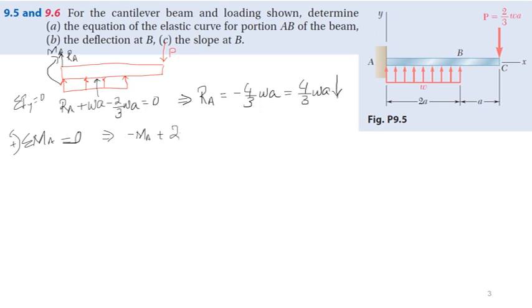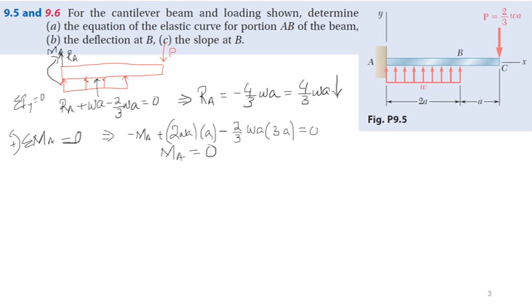The force becomes 2wa and the distance will be a. And we have minus due to P: force is 2 by 3 wa and the distance is 3a. This must be equal to 0. When we solve it, MA is equal to 0. So there is only a reaction force, no moment acting at that point.